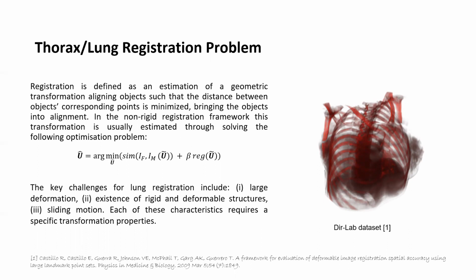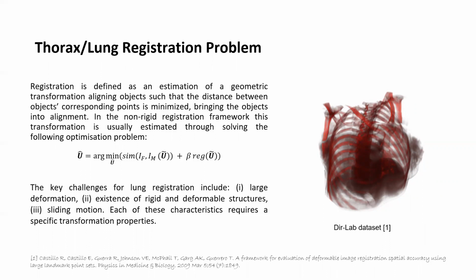In the non-rigid registration framework, this transformation is usually estimated through solving the following optimization problem. U, in this case, is the estimated deformation field or displacement field, which is subject to some fidelity function plus some encoded smoothness, in this case, regularization.